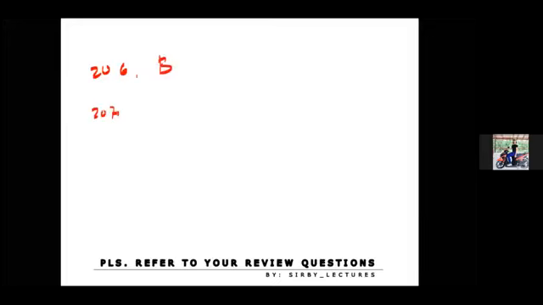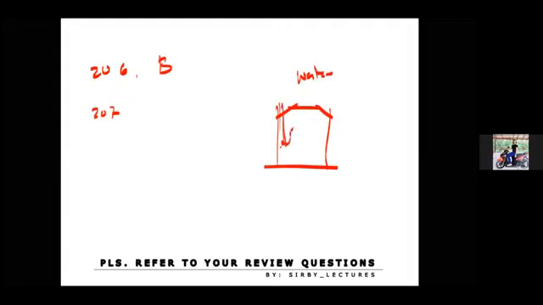Number 207. Which type of switch is suitable to be used for measuring the level of granular materials in a tank? Okay, so this one, level of granular materials in a tank, or should be, let's say, water, for example. This is our tank, and we have some switch that floats. If we have this water, at some portion it can turn off or turn on.